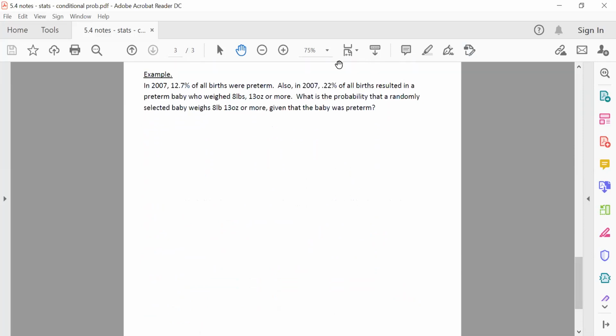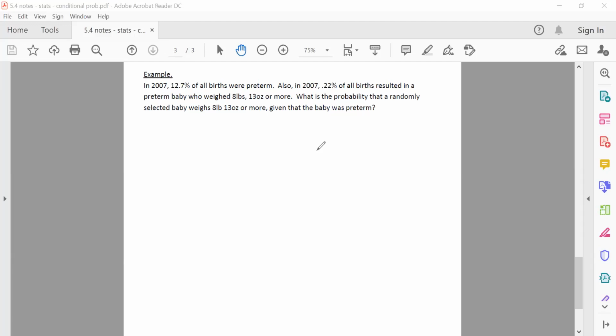Now, one more quick example here. Let's use maroon. In 2007, 12.7% of all births were preterm. Also in 2007, 0.22% of all births resulted in a preterm baby who weighed 8 pounds 13 ounces or more.